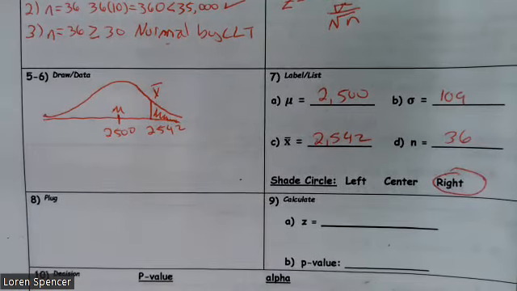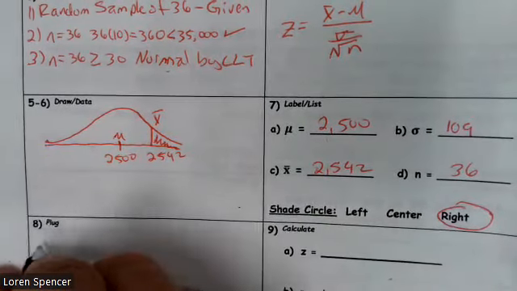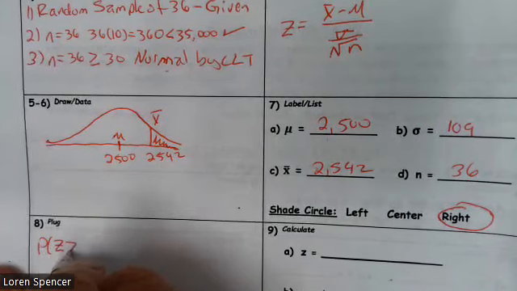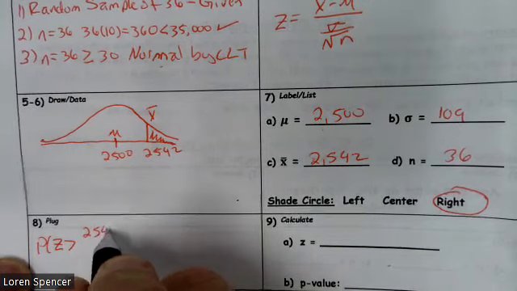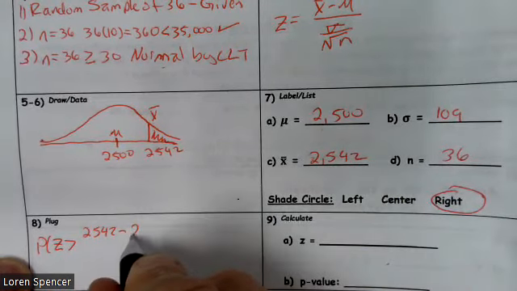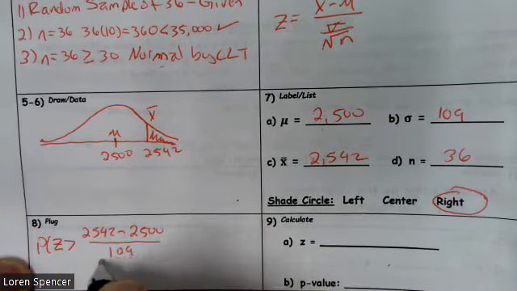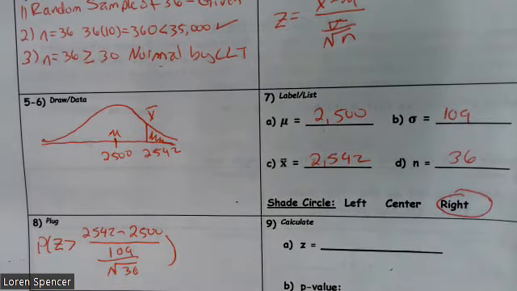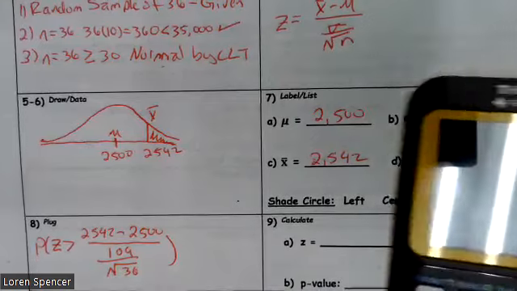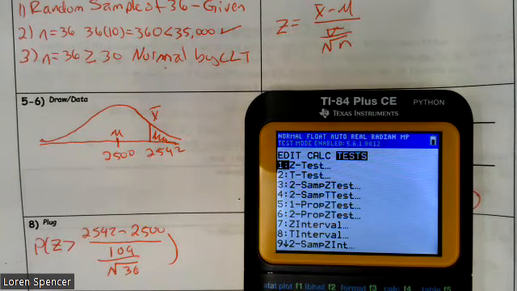The next thing we need to look at is our p-value. I'm going to plug into this formula: the probability that z is greater than 2,542, that's my x bar, minus my population mean of 2,500, divided by 109 over the square root of 36. Let's run that. Stat, Z-Test, which happens to be the very first option.